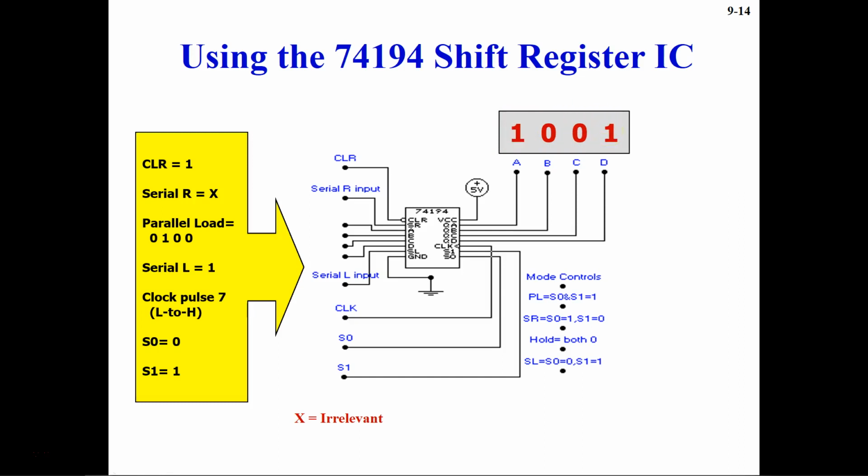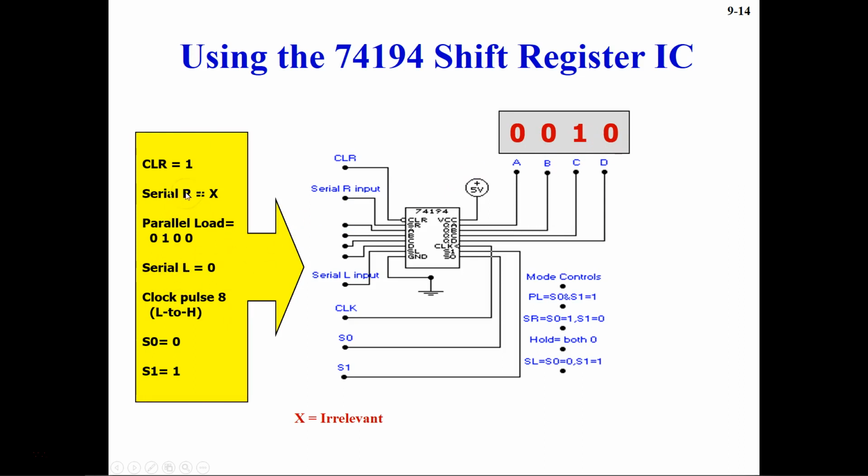Now when your L is 0, this is going to shift towards the left. 0 will come here, this 0 will come here, this 1 will come here, and then since L is 0, 0 will be fed here to the left. And that's why you have 0 0 1 0 for serial L equal to 0.